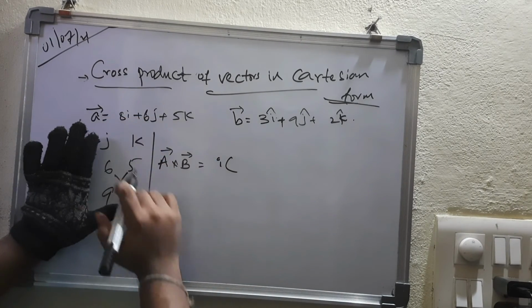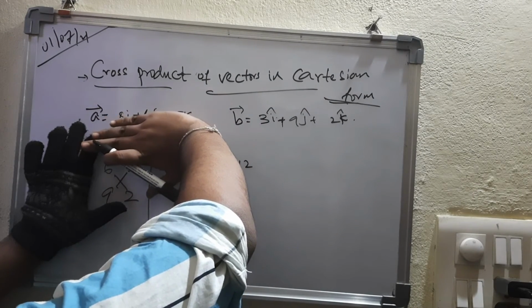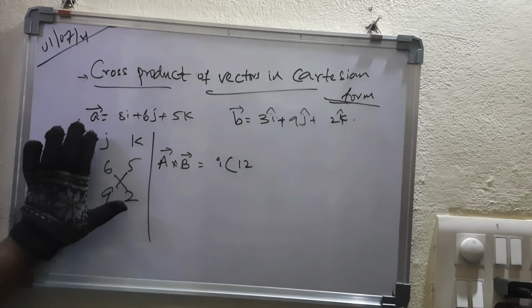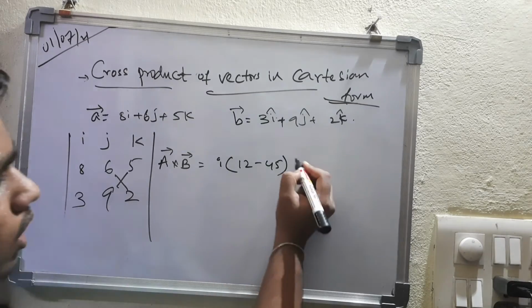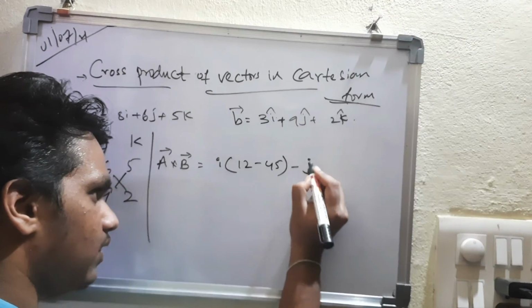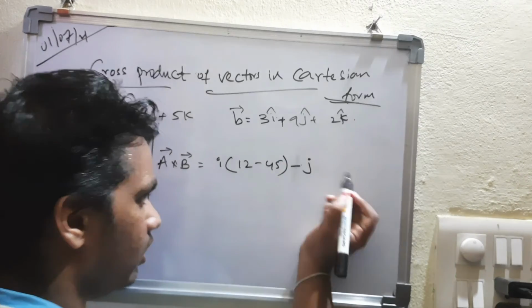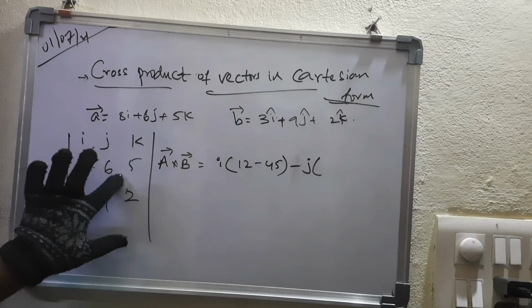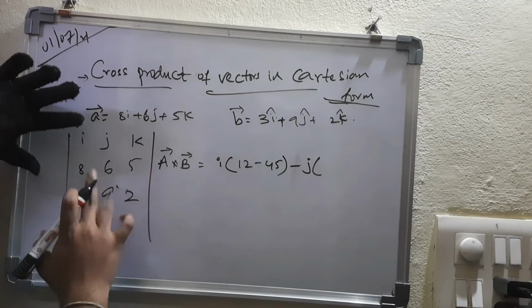Multiply this 2: 6 2s are 12. Hide this 2, forget this 2. 6 2s are 12 minus 9 into 5, 9 5s are 45. Now we have to write minus j. Remember this point, not plus j, minus j into, now forget this j row and j column.